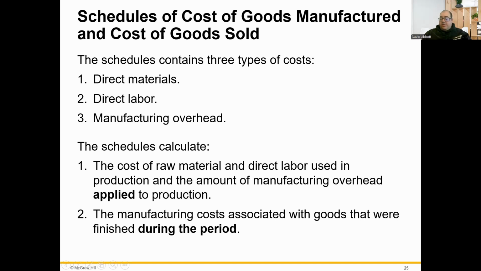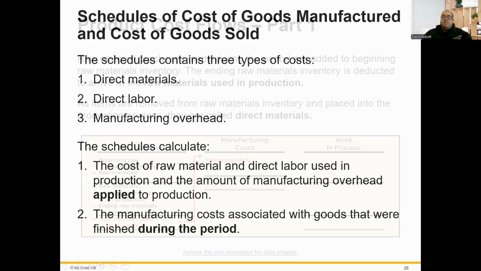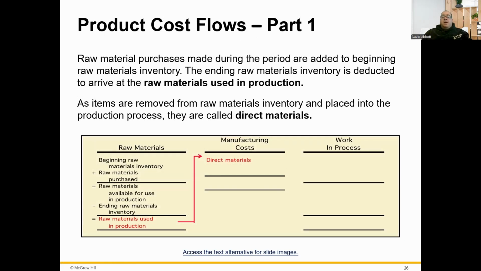And the schedules calculate the manufacturing cost associated with goods that were finished during the period. So just those goods that are finished during the period. All right, so the product cost flows.